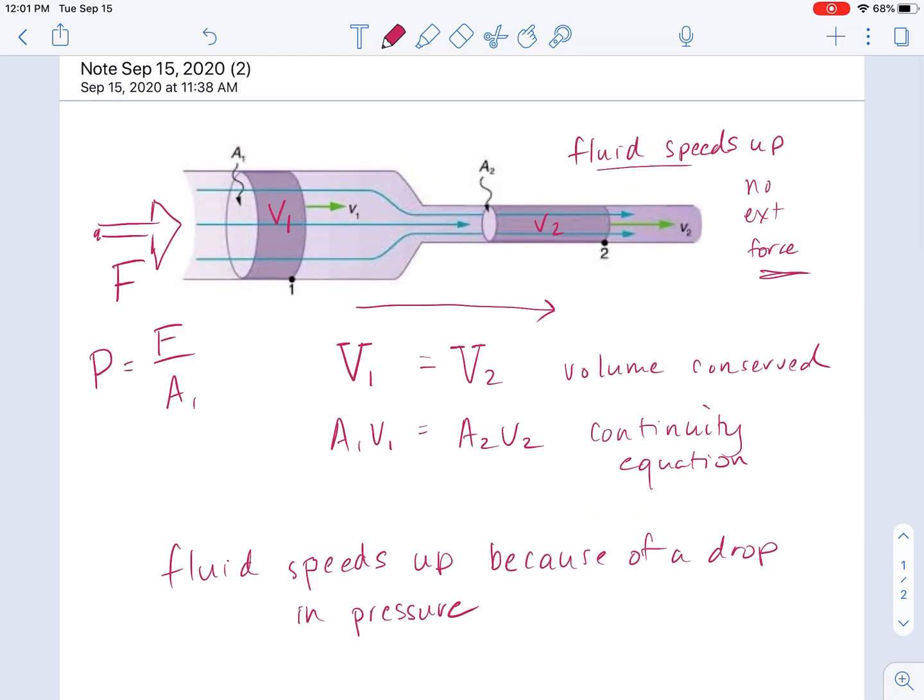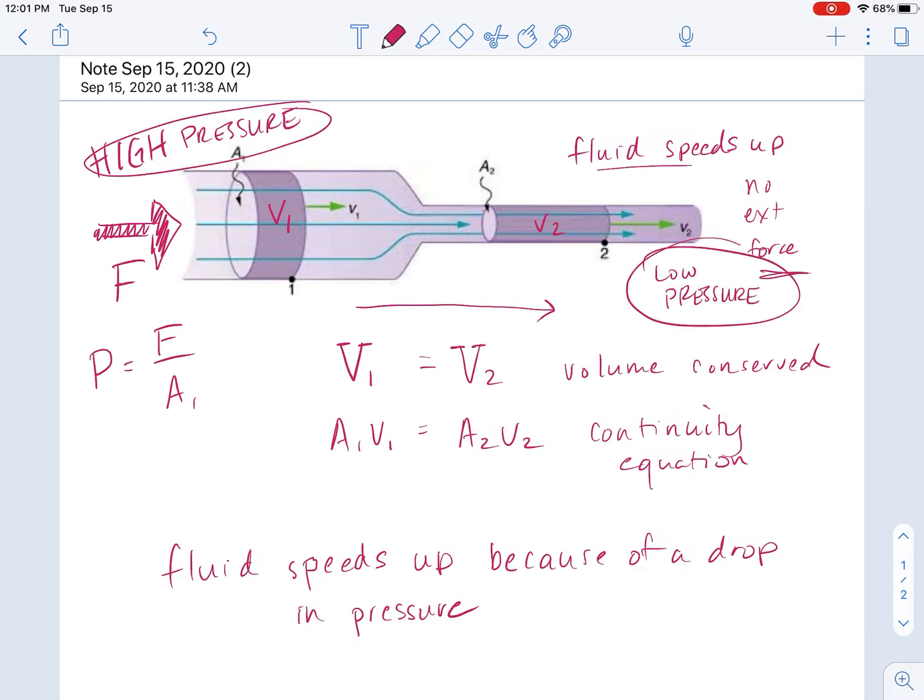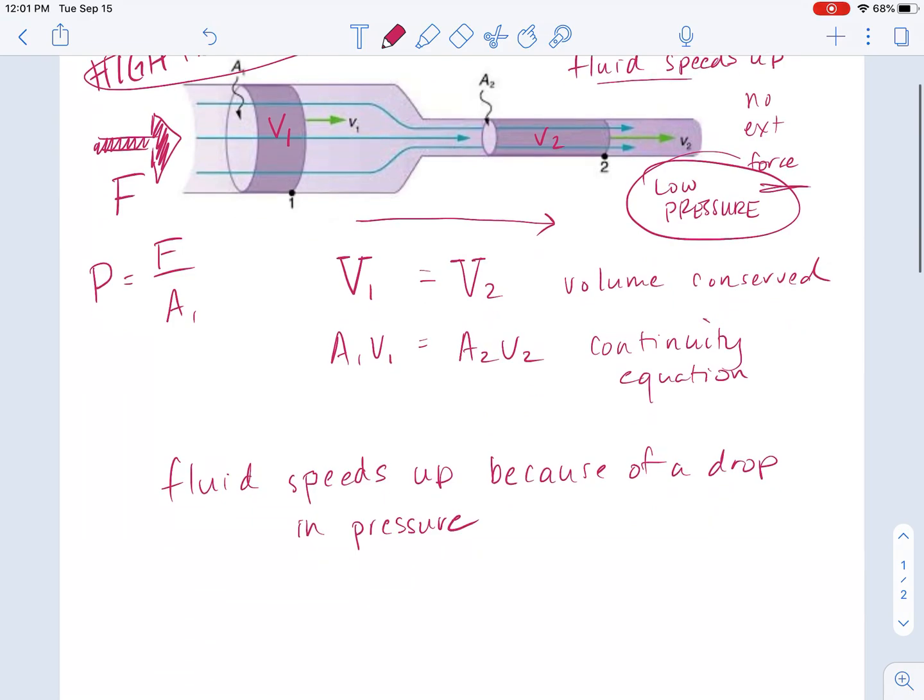On the left-hand side, where we have this applied force, we're going to call that our high pressure, certainly higher on the left. And we're going to call the right-hand side, which is just open, our low pressure. And again, because of this pressure differential, the fluid speeds up.